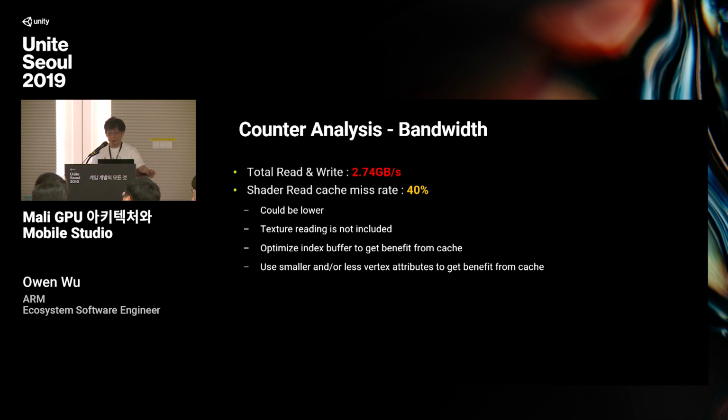For example, when rendering a shadow map, you may only need a position attribute. You don't need a texture coordinate attribute. So the pointer is keeping the data as small as possible to get benefit from the cache.